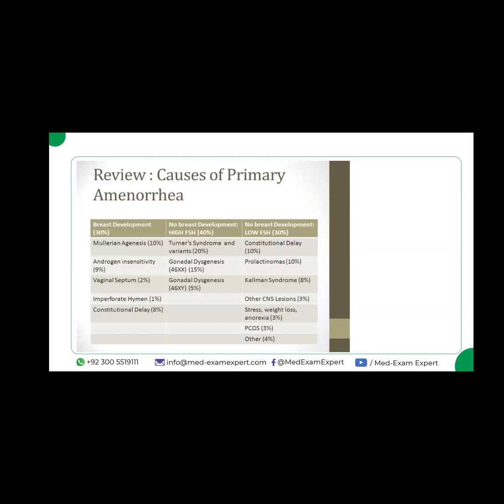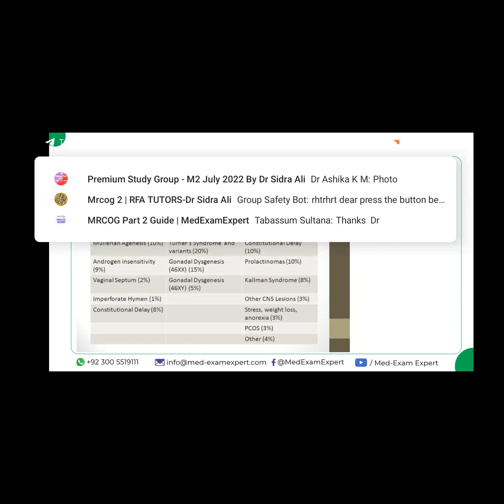If the patient has low follicle stimulating hormone along with absent breasts, then the most common cause is constitutional delay. Prolactinomas can be there, as well as Kallmann syndrome, PCOS, and stress-related amenorrhea can be another cause.